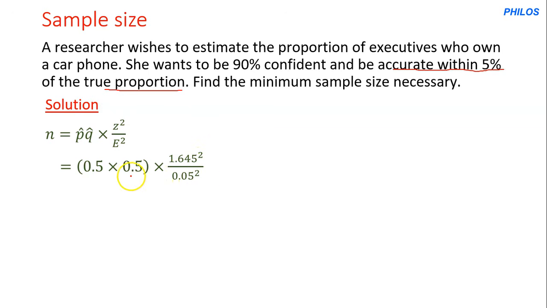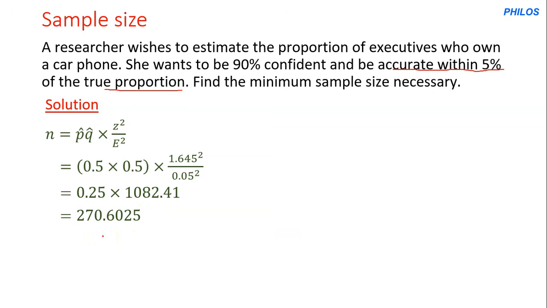So 0.5 times 0.5 should give you 0.25. And then 1.645 squared divided by 0.05 squared should give you 1082.41. So we write that down: 0.25 times 1082.41. When you multiply, you get 270.6025.